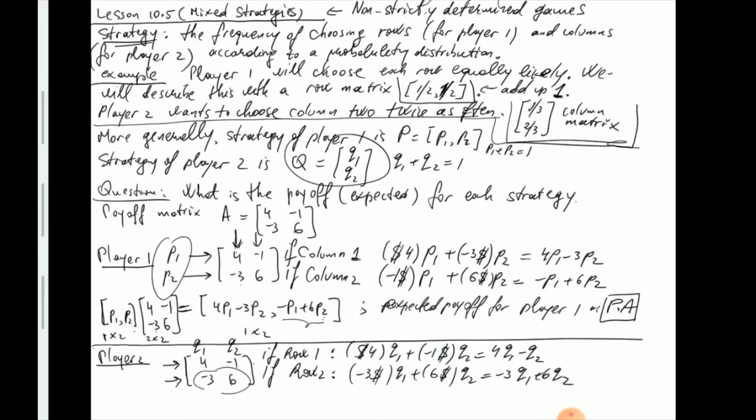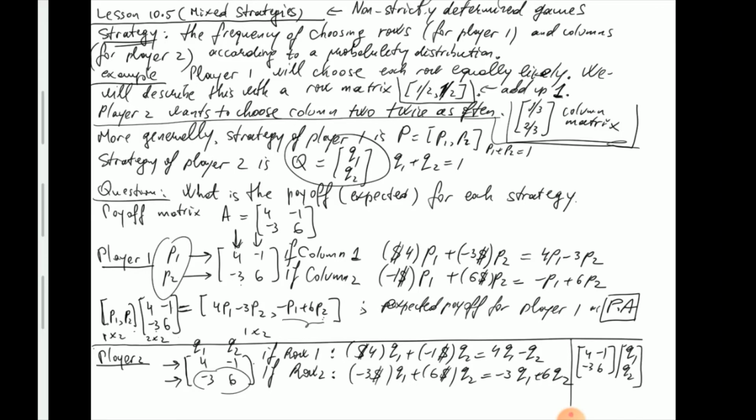This quantity as well can be written nicely in terms of matrix multiplication. If you look carefully here, you can write this as a product between the payoff matrix, 4, minus 1, minus 3 and 6, and the column representing the strategy of the second player.